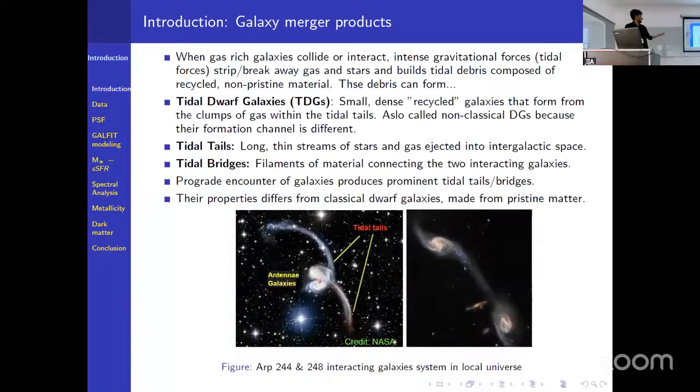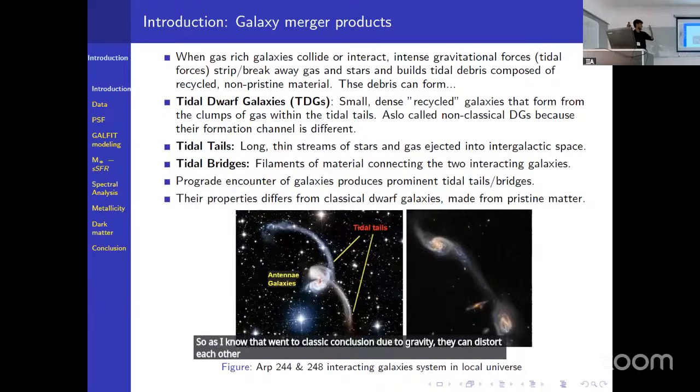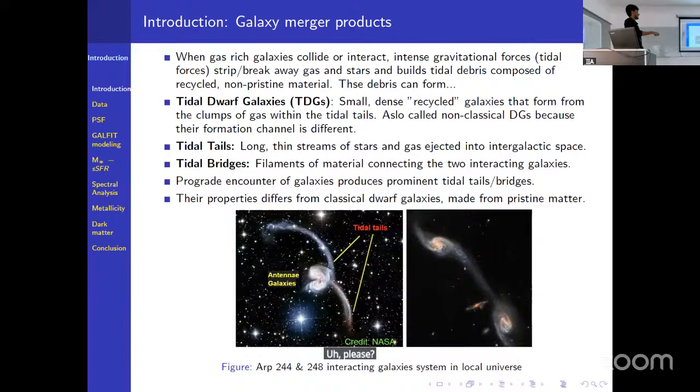So as you know, when two galaxies come closer due to gravity, they can distort each other's material, gas and stars, and they can strip out material from their outer disks, and they can form structures like tails and other tidal structures. These tails can be around 100 kiloparsec long.